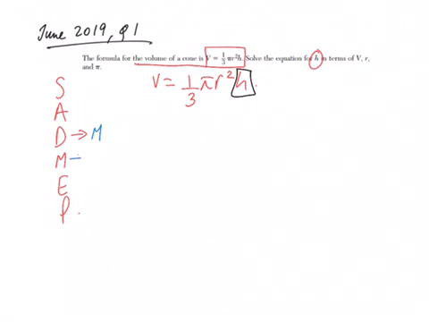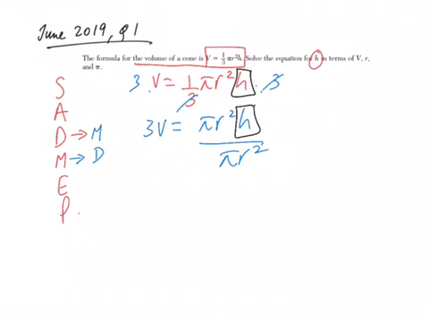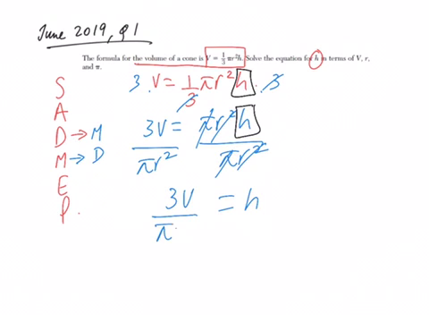We see multiplication, the opposite is divide. So let's multiply 3 on both sides. We're trying to make H the subject. And now let's divide pi R square on both sides. So pi cancels, R squares cancel. So H is equal to 3V divided by pi R square.